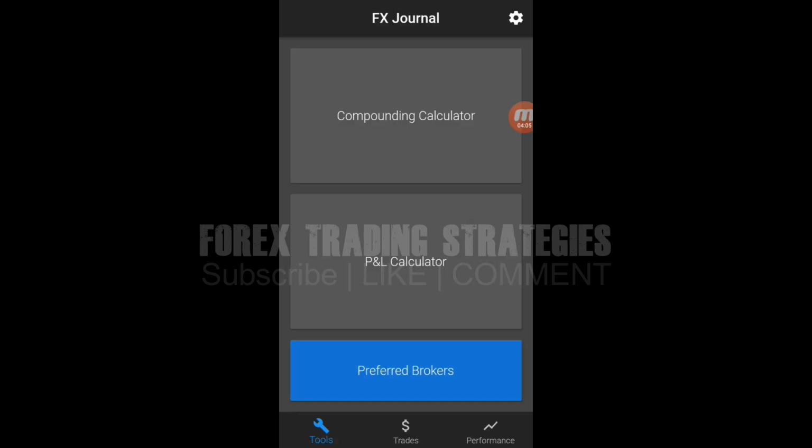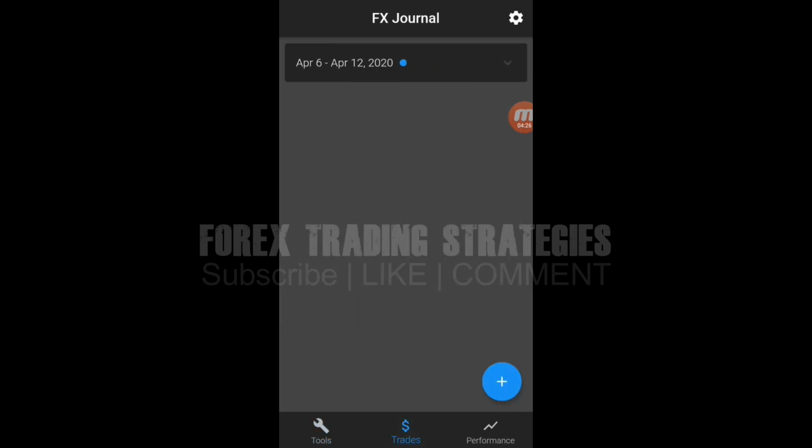Then one of the most important apps on my phone, probably the most important, is my FX journal. You can download this app from the Google Play Store. I'm not advertising them. I just love the app and I use it daily. I've cleared some of my trades, so you don't see the things that I'm doing, but I've left an example trade there.